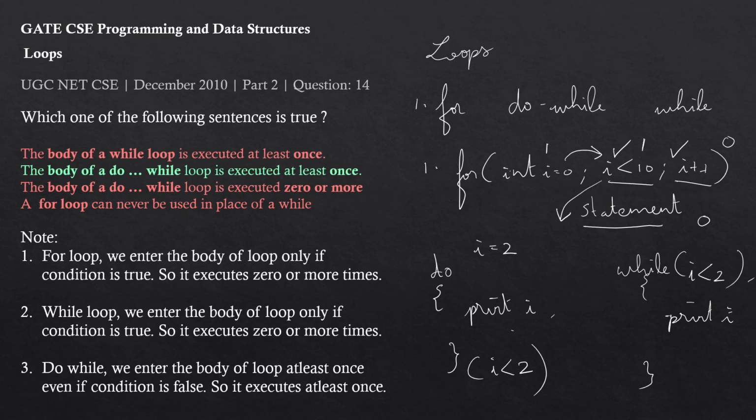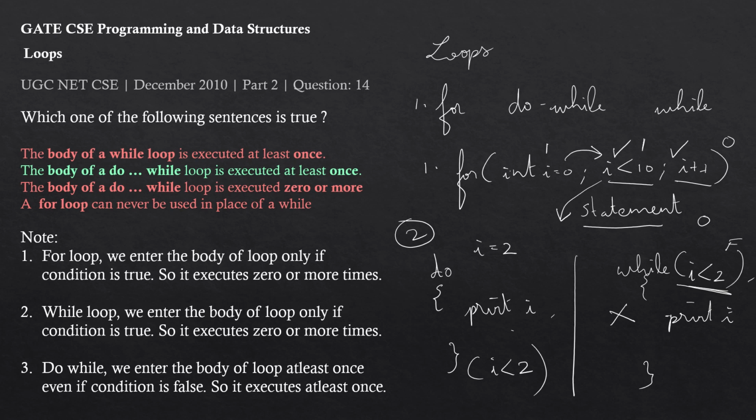Now how many times does it print? So in the case of the do while, we see that I gets printed. We get the output as 2. But in the while, there's this condition 2 less than 2, it becomes false. So this print never happens. So see the difference here, we got one output. Here we didn't get that statement running.